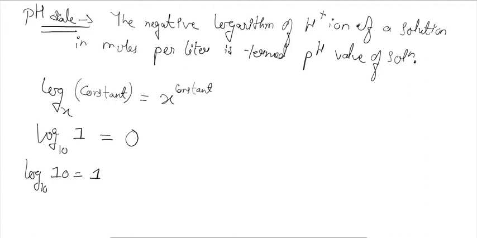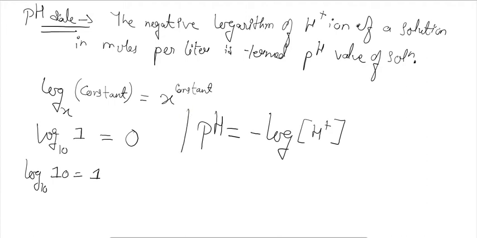pH is equal to minus log of H plus ion concentration. So this is our pH scale.